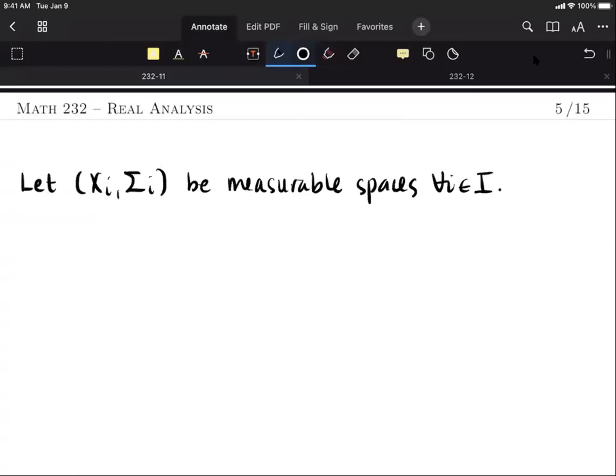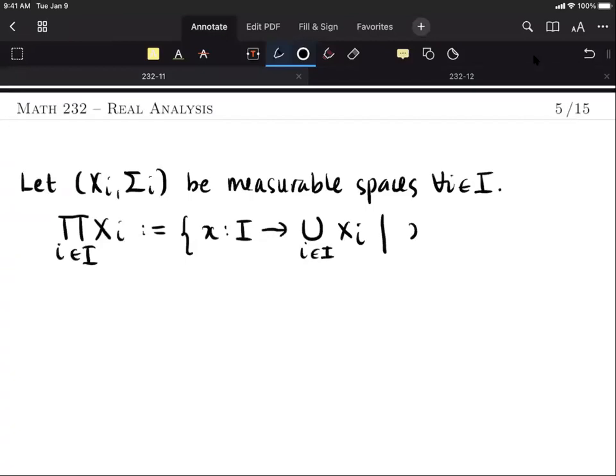Now, the product of these sets X sub I is defined to be the set of all functions on the index set to the union, in such a way that the value of x sub I is in X sub I, for all I in the index set.